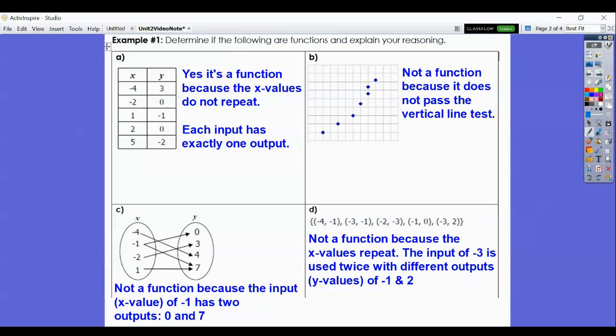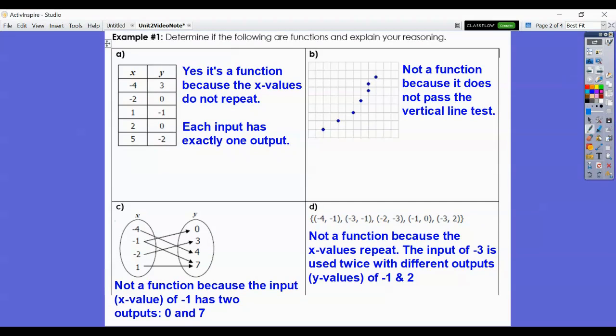For the first example, we want to determine if the following are functions and explain our reasoning. For example A, I want to look at my x values specifically. I've got -4 going to 3, -2 going to 0, 1 going to -1, 2 going to 0, and 5 going to -2.